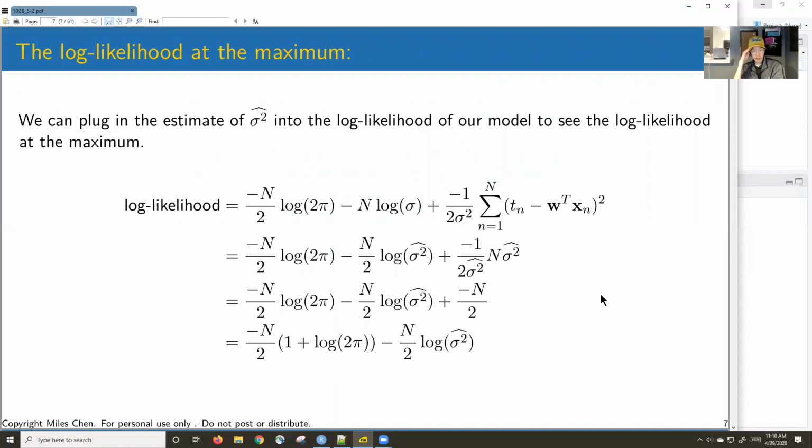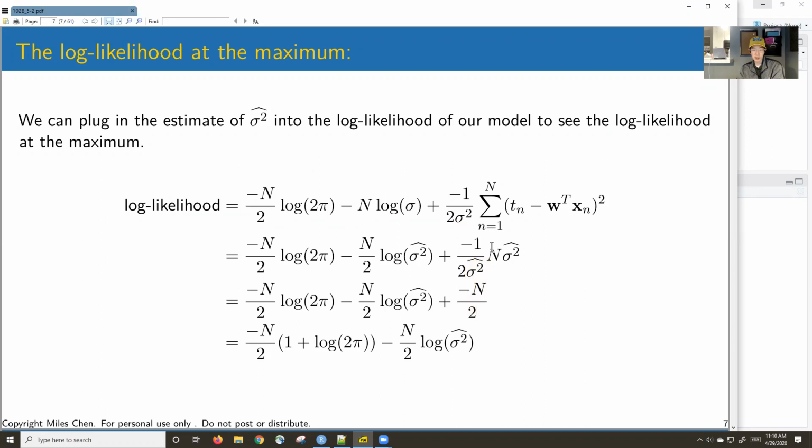Let's take a look at what the log likelihood is at the maximum. If we plug in sigma squared hat, sorry, this should be a w hat here, this is what we're going to get. I just replace sigma squared with sigma squared hat.